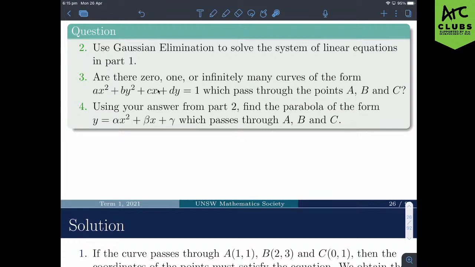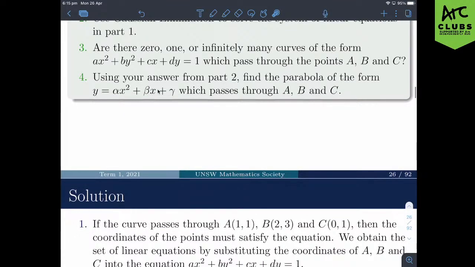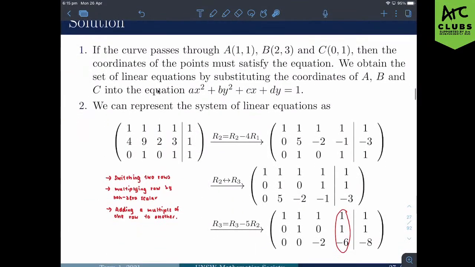So we look at how we get b to be 0. We look at this row and we see that b plus d is equal to 1. And so if we set d to be 1, then b will be 0. And so then we'll get a parabola.